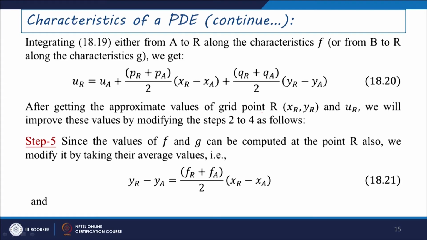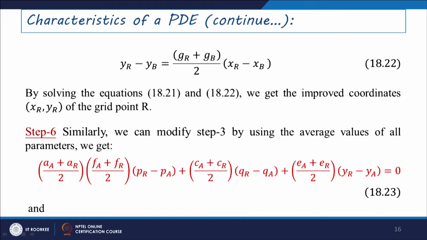After getting the approximate values of grid point R, that is xr, yr and ur, we will improve these values by modifying steps 2 to 4 as follows. Since the values of f and g are also computed at the point R, we modify by taking the average values. For yr minus ya, since earlier we considered fa, we now consider the average, (fr plus fa) by 2 into (xr minus xa).